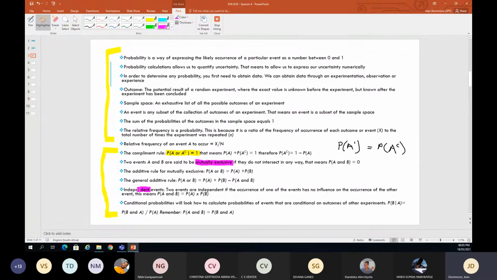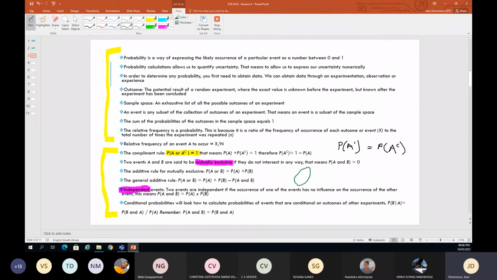And the other one that they also talk about a lot is independent. We will get to questions where they talk about mutually exclusive or independent.